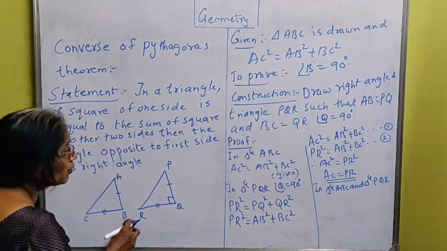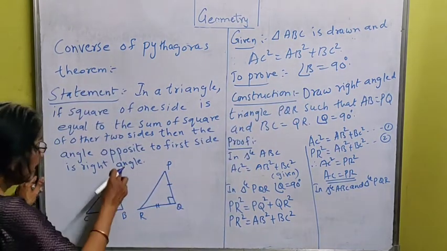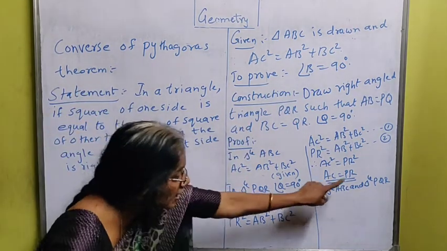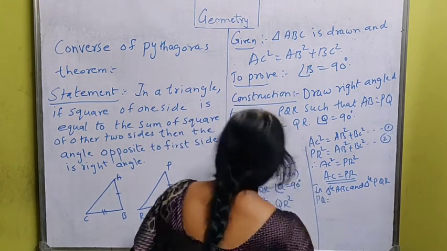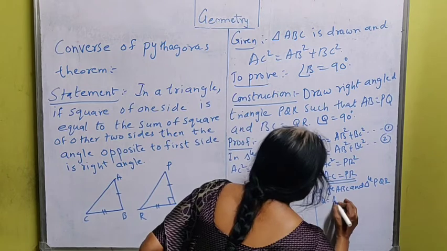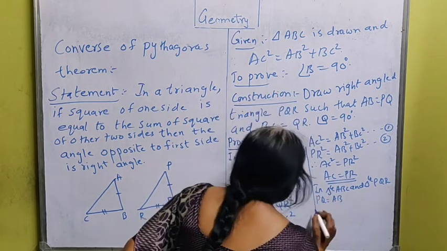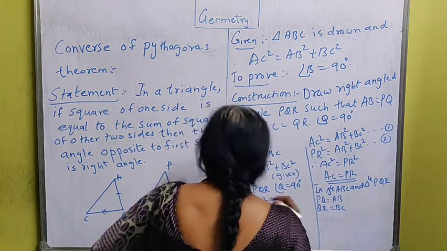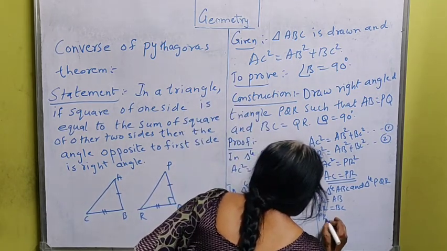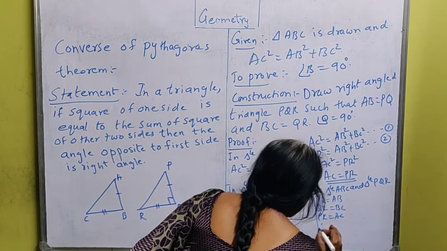BC is equal to QR, by construction. AC is equal to PR, which we have just proved. So PQ is equal to AB, QR is equal to BC, PR is equal to AC.